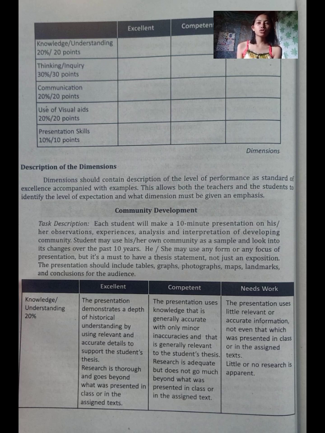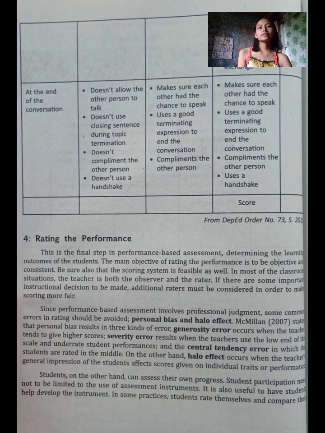Dimensions should contain a description of the level of performance, a standard of excellence accompanied by examples. This allows both the teacher and the students to identify the level of expectation and what dimension should be given an emphasis.